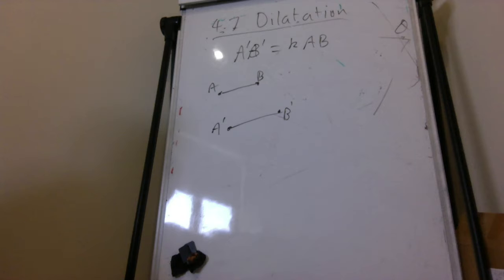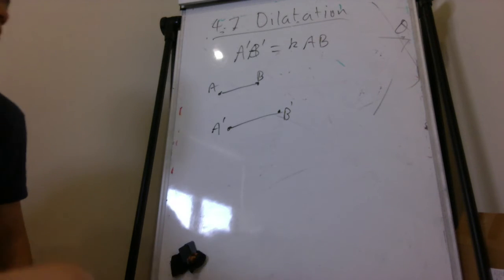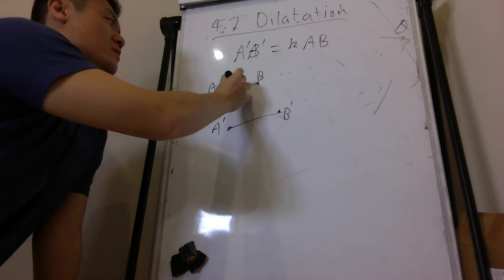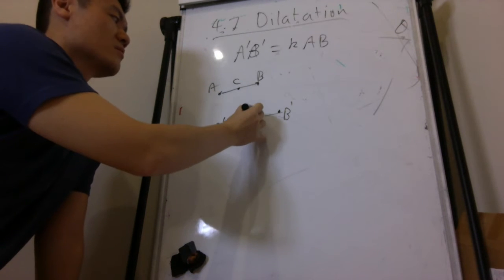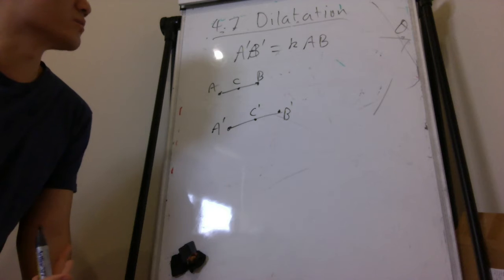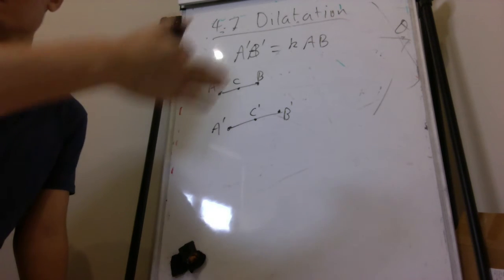Why can't you take, for example, some C on AB such that A prime, C prime... So how can you show it's collinear? If you have a point C, what you want to show is that C prime lies somewhere, well, it could be in between or it could be outside.